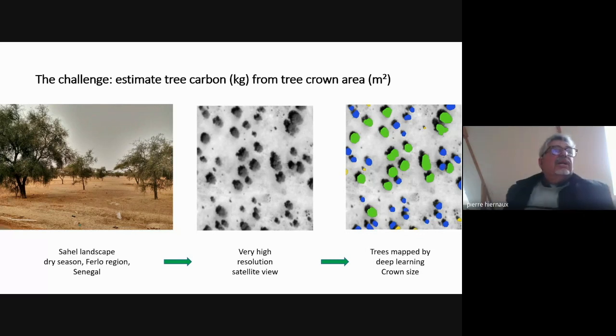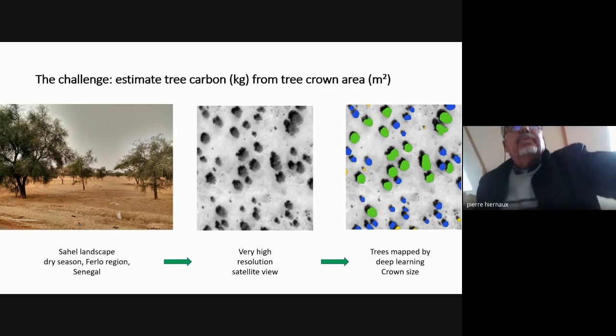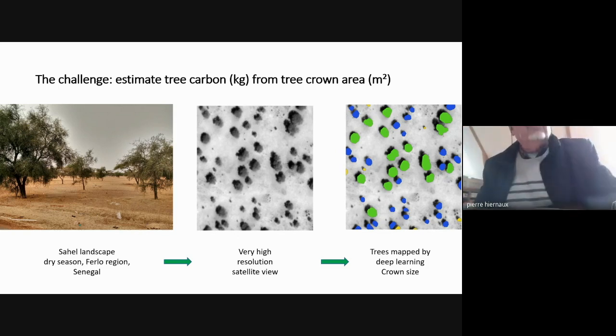So the challenge on my side was to estimate tree carbon from tree crown area. Just to introduce, we start with this typical Sahel landscape in the dry season. The photo has been taken in the Ferlo region of Senegal. In the middle, you have the view from very high resolution satellites, so you see all the tops of the canopies and the shadow on one side.